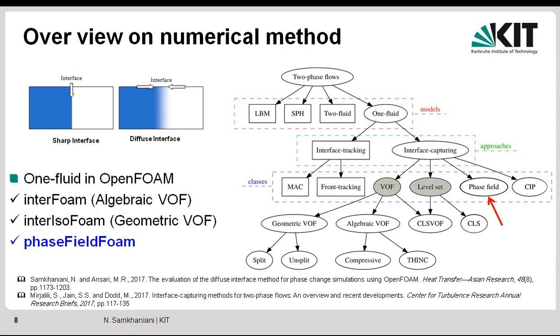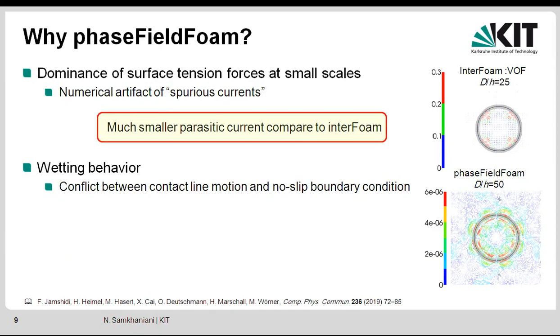Our reason to develop this method in OpenFOAM was that interFoam, or generally VOF and sharp interface methods, suffer from spurious currents at the interface, and these spurious currents can be large when the surface tension is important. Here we deal with small droplets where the surface tension is important, so this parasitic current can distort the shape of the droplet and the behavior of the droplet in contact with the wall.